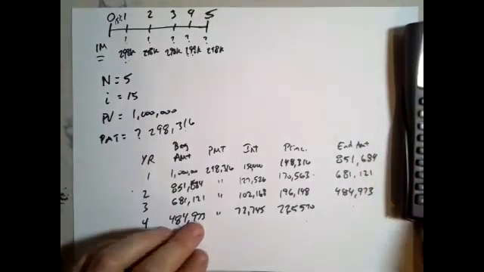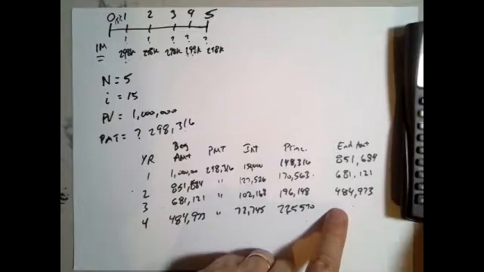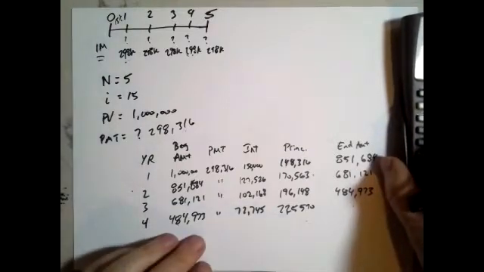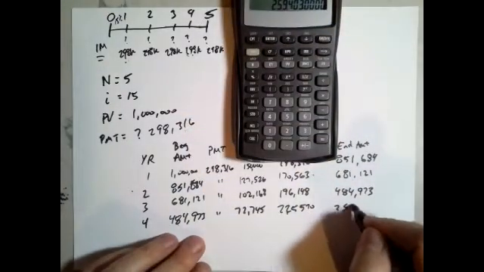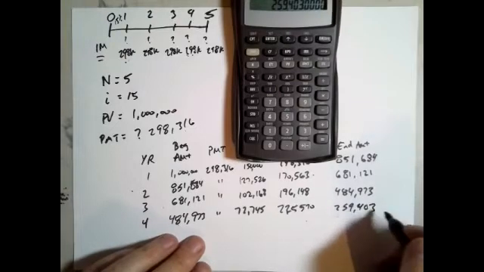So we can subtract that from our 484,973, and we have 259,403 roughly left.